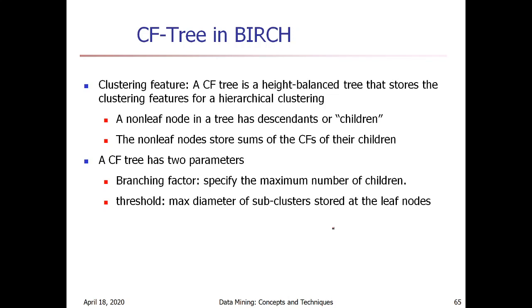The branching factor is the maximum number of children that can be there in each non-leaf node, and the threshold value is the limit on the subclusters that can exist in the leaf nodes.